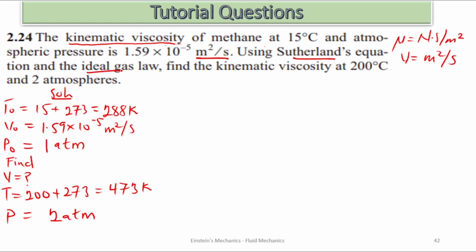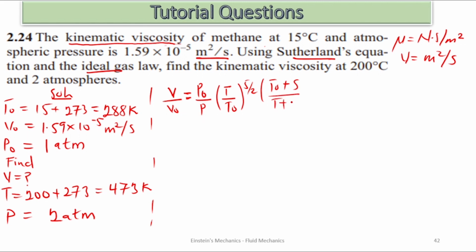From the equation we established, V on V naught equals P naught on P, multiplying T on T naught to the power 5 on 2, multiplying T naught plus S on T plus S. We have everything, so we can just input and find V. V naught is 1.59 times 10 to the power negative 5.